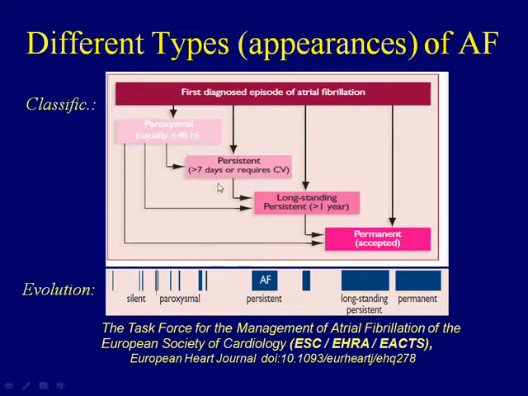If these episodes are prolonged, may take over 7 days, then we call it persistent. If it is longer than a year, it is long-standing persistent atrial fibrillation, and if we or the patient accept to live with it, then it is called permanent atrial fibrillation. Now, this classification is based only on history.